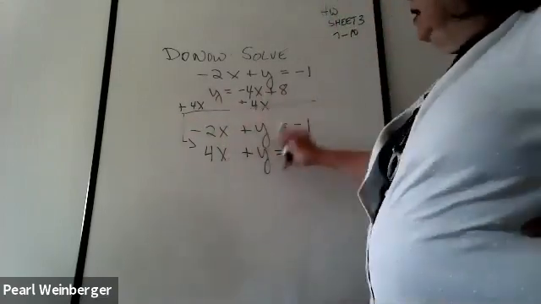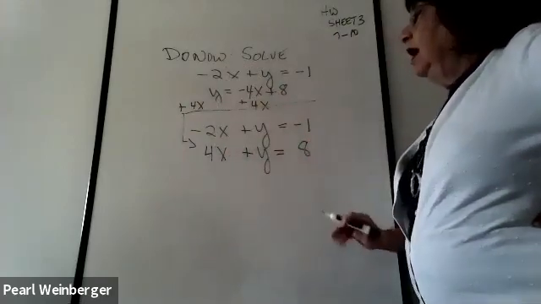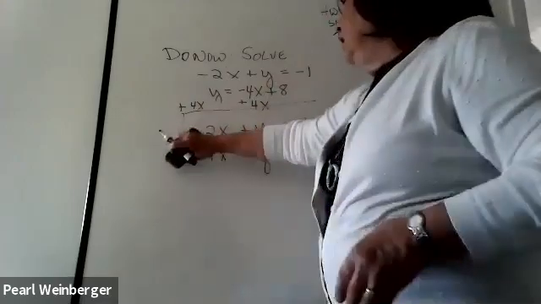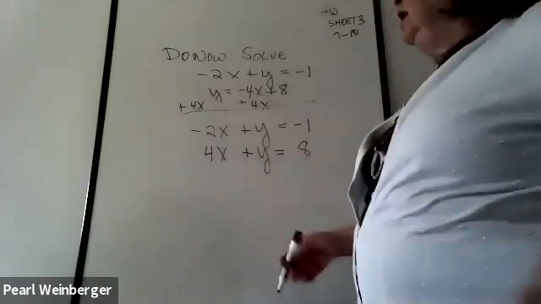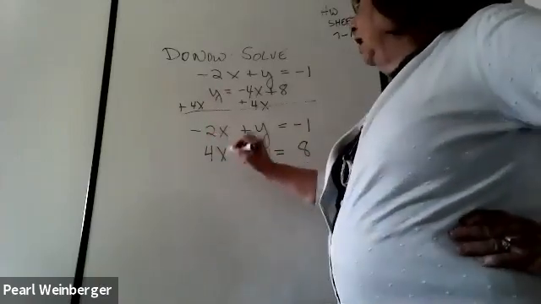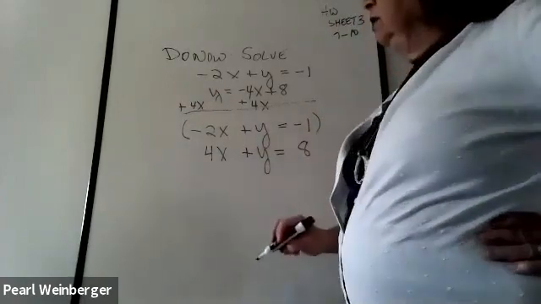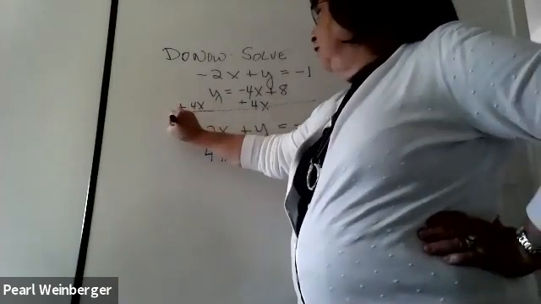Now I have my equations in standard form set up. I can decide whether I want to eliminate the x or the y. Let's eliminate the x. This isn't the only way to do it, but you certainly can do it this way. Multiply the top equation by 4.